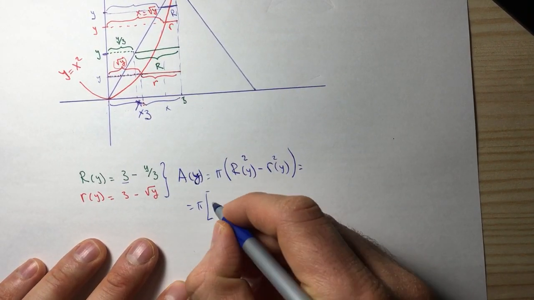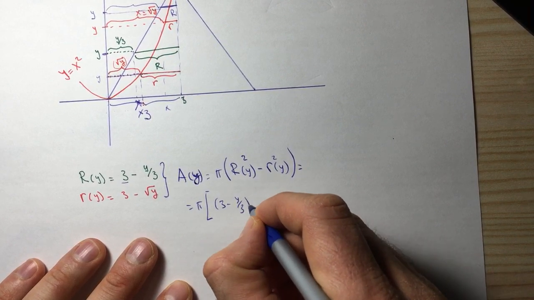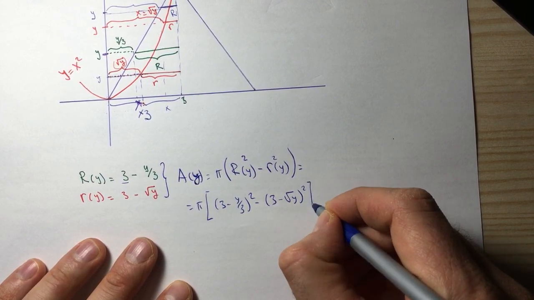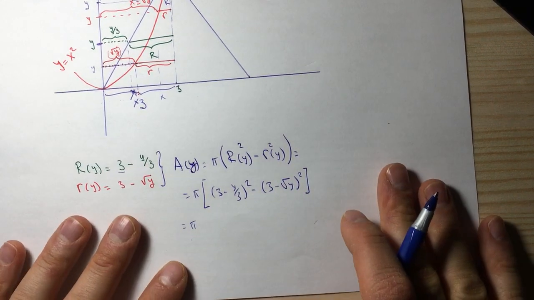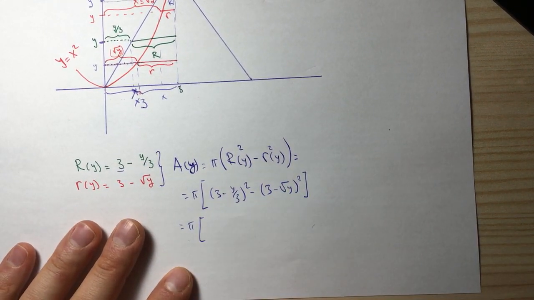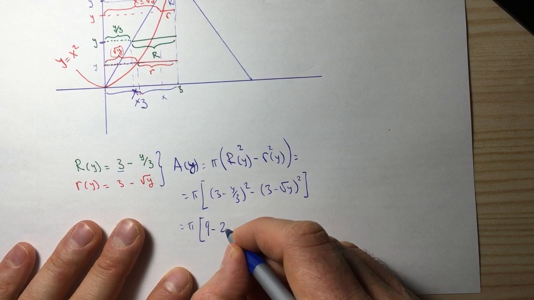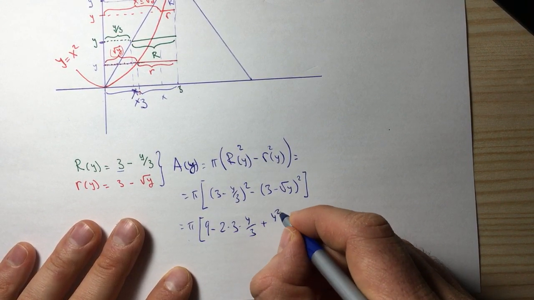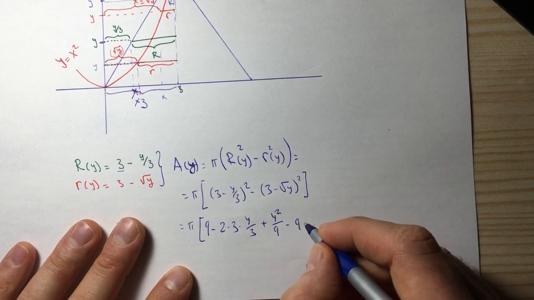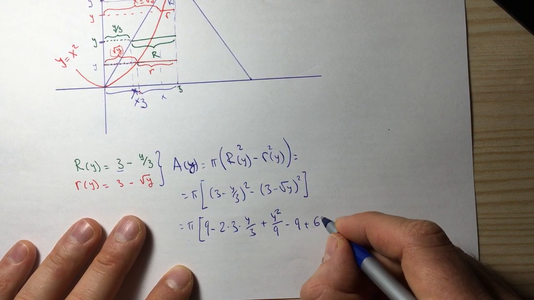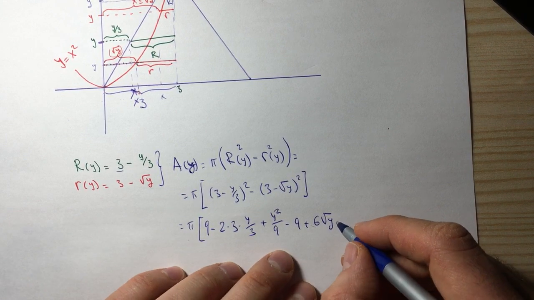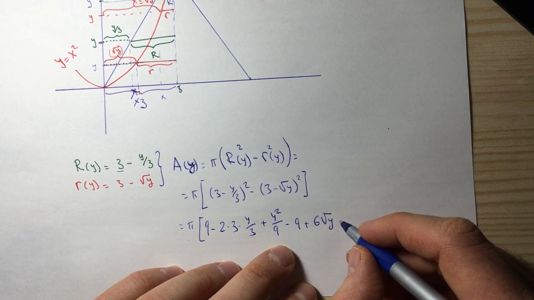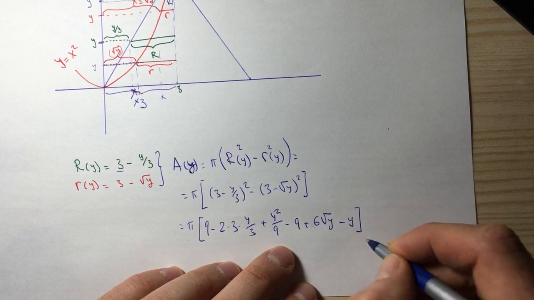Pi times (3 minus y over 3) squared minus (3 minus square root of y) squared is equal to pi times 9 minus 2 times 3 times y over 3 plus y squared over 9 minus 9 plus 6 square root of y. Square root of y squared is just y, so minus y.